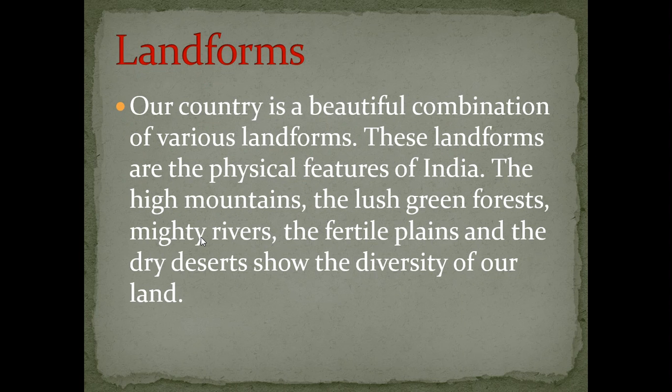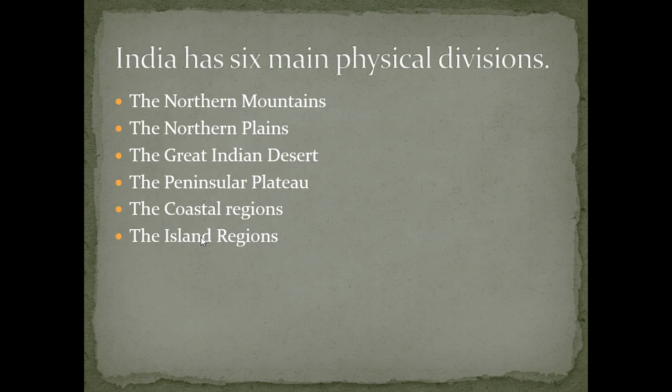See, landforms. Our country is a beautiful combination of various landforms. These landforms are the physical features of India. The high mountains, the lush green forests, mighty rivers, the fertile plains, and the dry deserts show the diversity of land. And these landforms make our country beautiful and diverse. We have made six main physical divisions of these landforms.